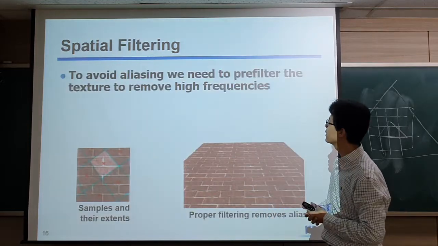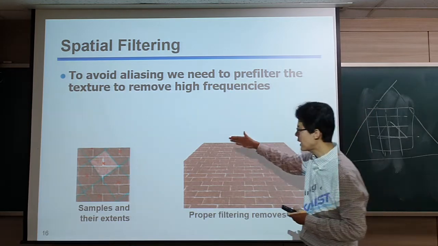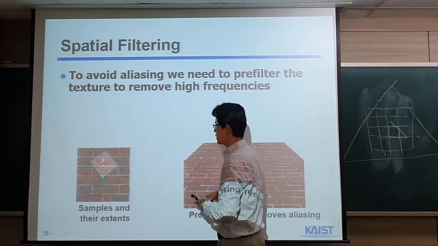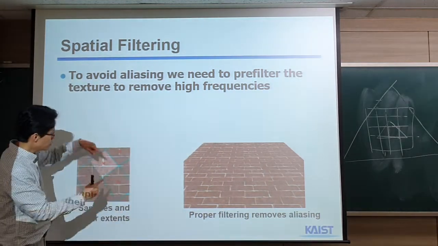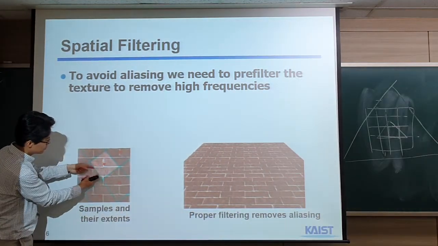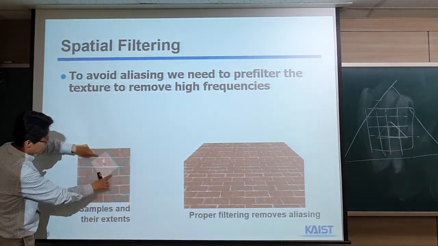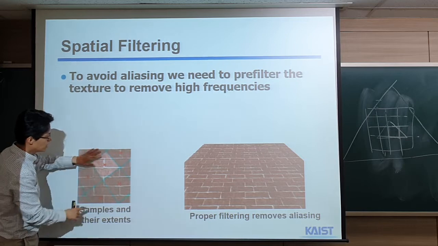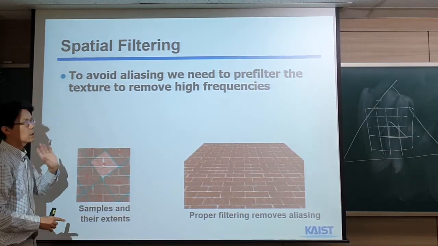So to avoid the aliasing issue, the main setting is that when you rasterize the triangle, one pixel here, I visualize one pixel of the triangle in the screen space mapping to this large area in the texture. So suppose there are a lot of texture colors, right? But we can only use one color.